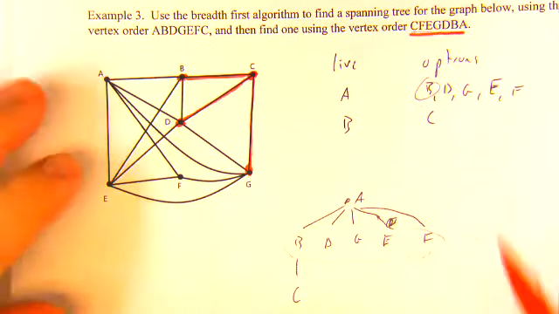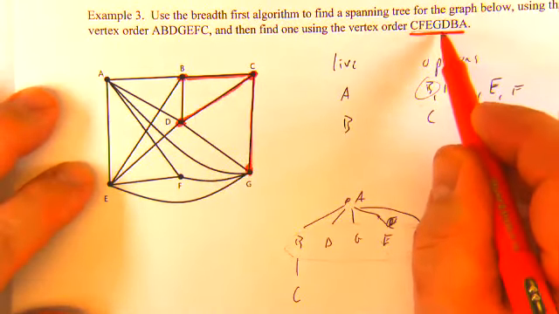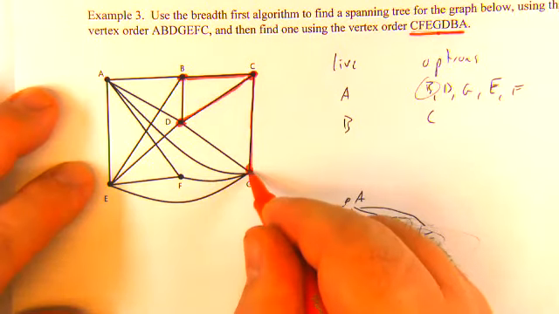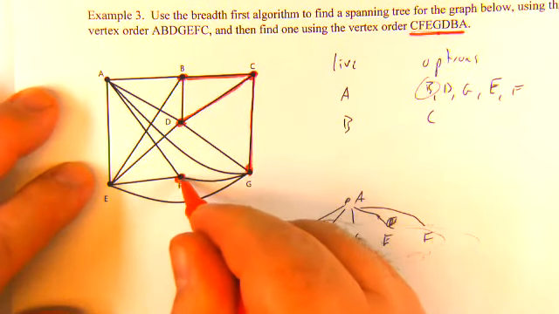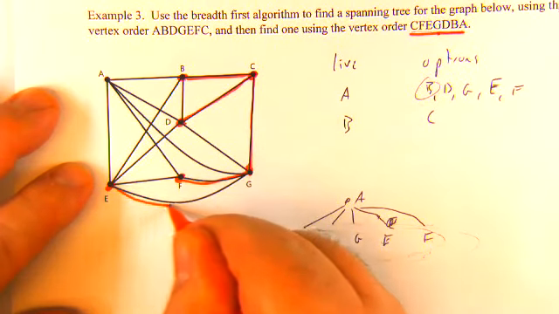What's the highest rated of those? Out of B, D, and G, the highest rated is G. So I go to G and I connect everything that G is connected to. That's G and E, which is not already in the tree.